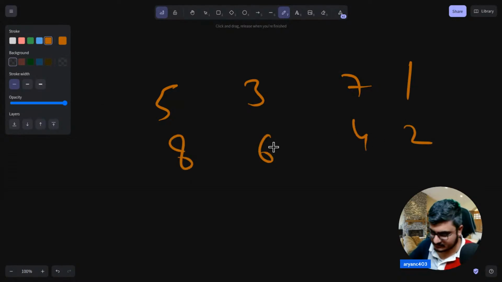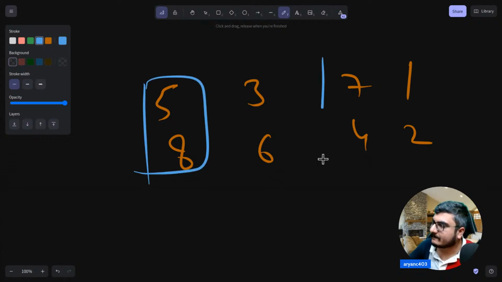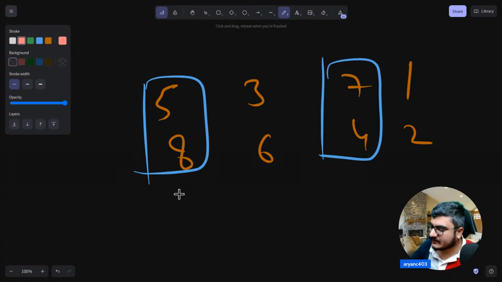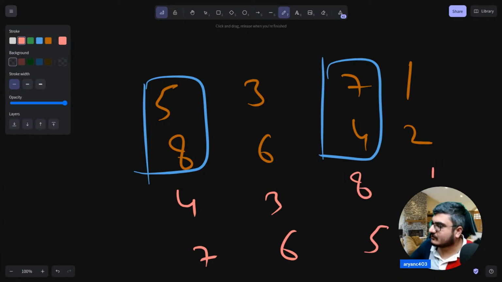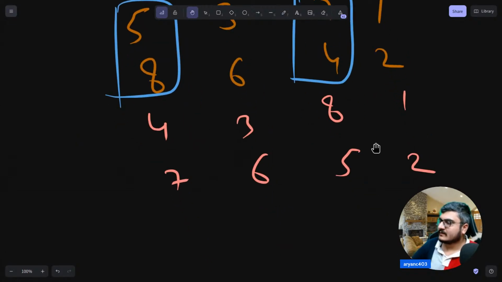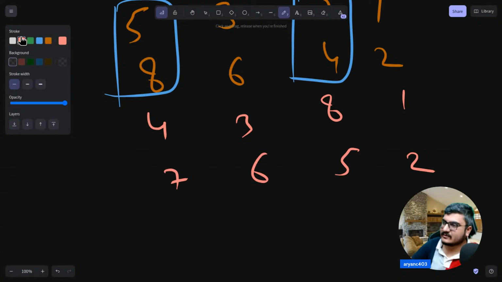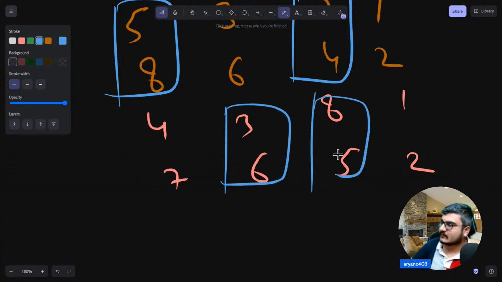The first thing we did was a swap between these two numbers. And then we ended up with 4, 7, 3, 6, 8, 5, 1, 2. Then the next thing we did was a swap between these two numbers. This goes here, this goes here.